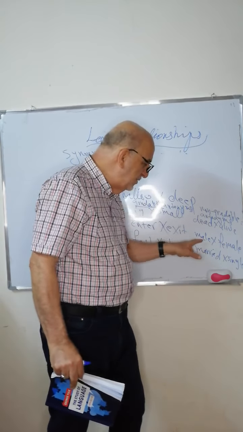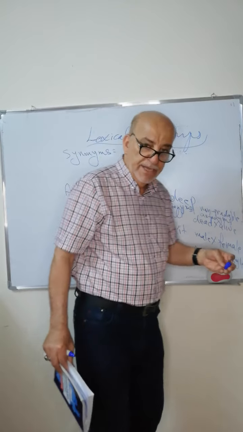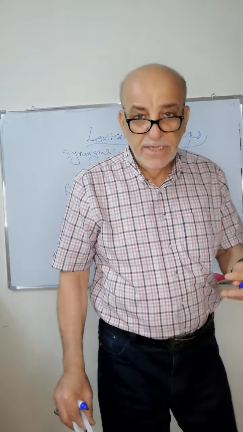So when you can use not here. When you say male, it means the opposite is female, or we say not a male. The negative of male is female. So we can say dead.